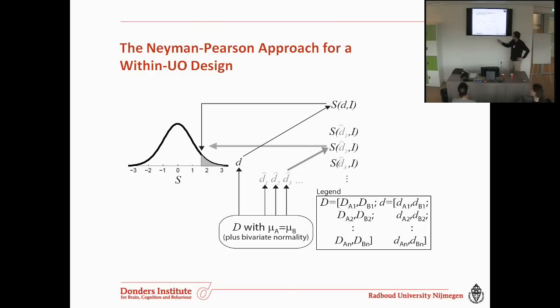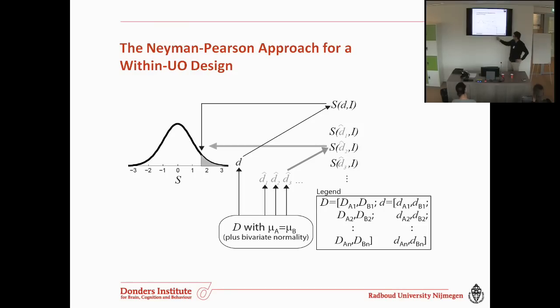And now what you see here is that, as compared to the between unit of observation design, now the data come in pairs. Every row here is one subject. And I have small n subjects. And every subject has been observed in condition A and in condition B. The data come in pairs. That's the crucial difference.